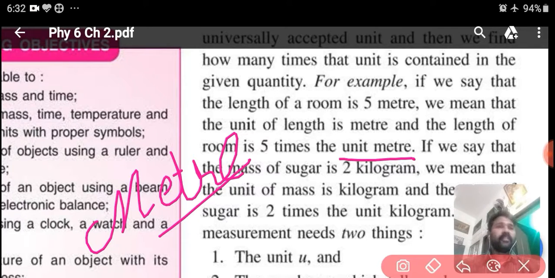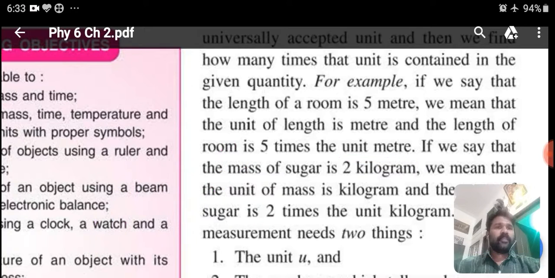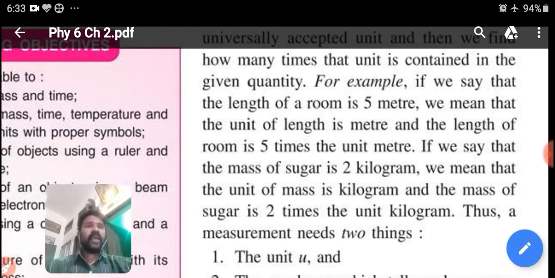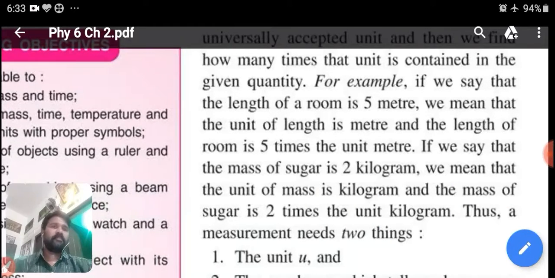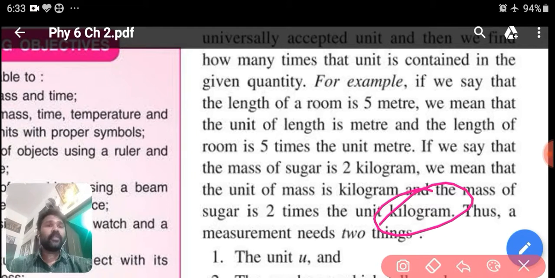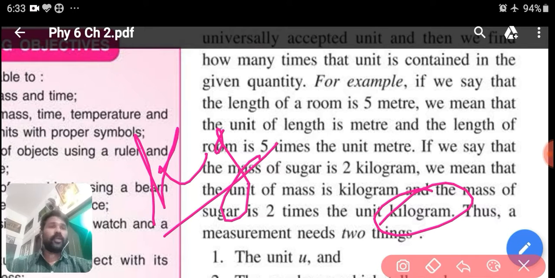If we say the mass of sugar is 2 kilograms, we mean that the unit of mass is kilogram and the mass of sugar is 2 times the unit kilogram. Here another unit comes, kilogram.